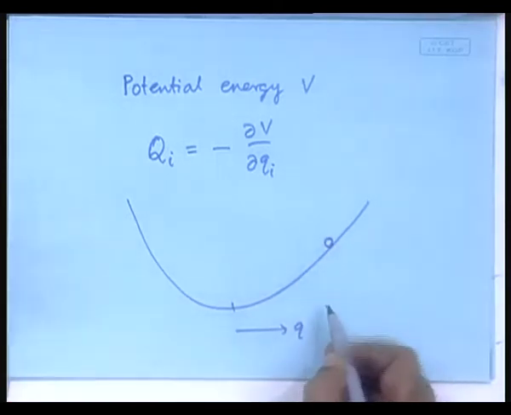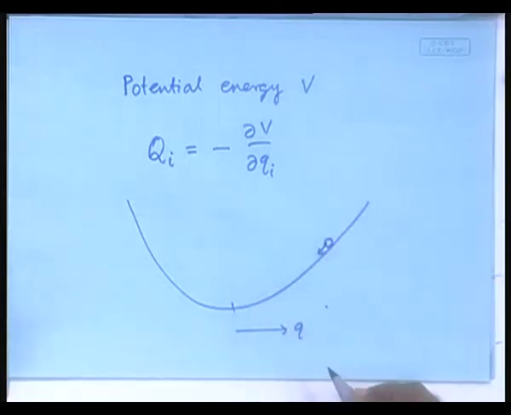What will be the force acting on the body? The gradient. And you might imagine a 3-dimensional surface, and in that, if the body's position is such, then the force acting on the body is nothing but the gradient of the potential surface. So, potential is conceptually a surface.